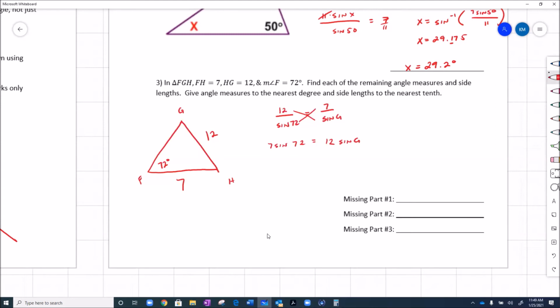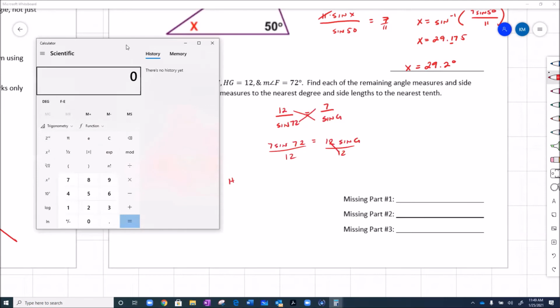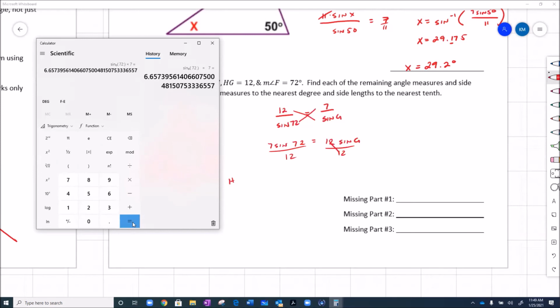I'm going to divide both sides by 12 here. And so in my calculator, sine of 72 times 7 divided by 12 should give me sine g.